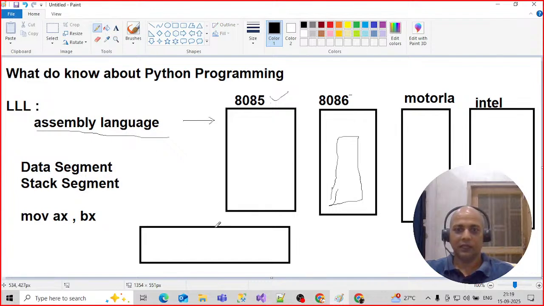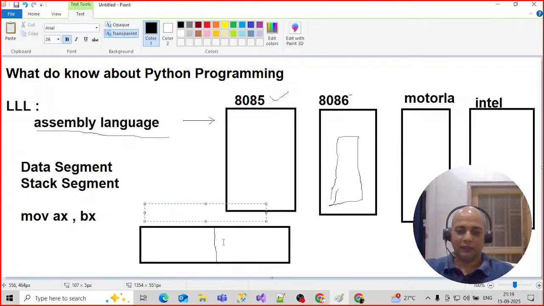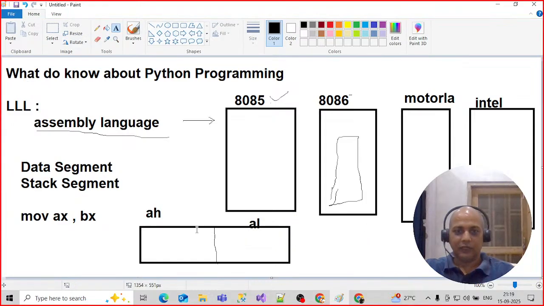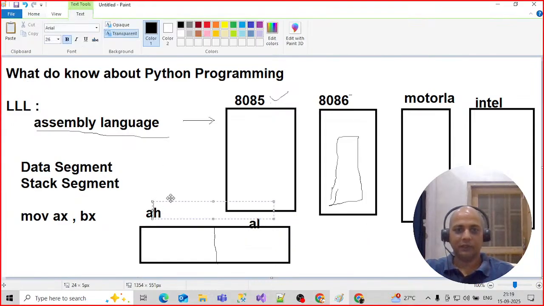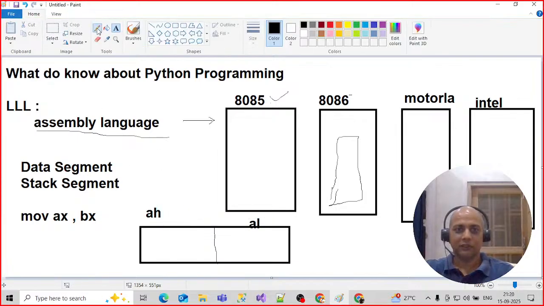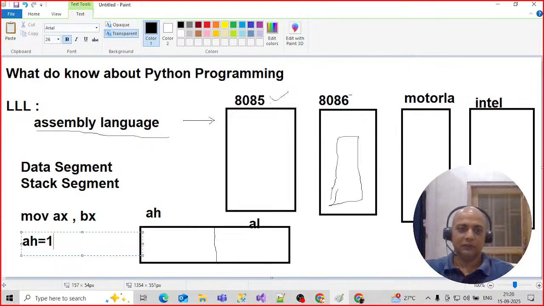Like we had 8-bit, so it was called AH, and this one was called AL. So higher bit of AX register, AH, we used to provide AH equal to this one, right?